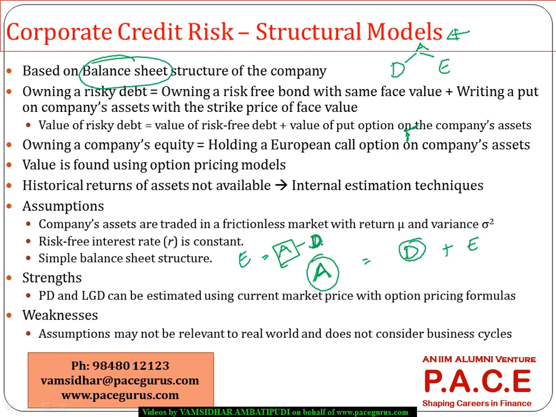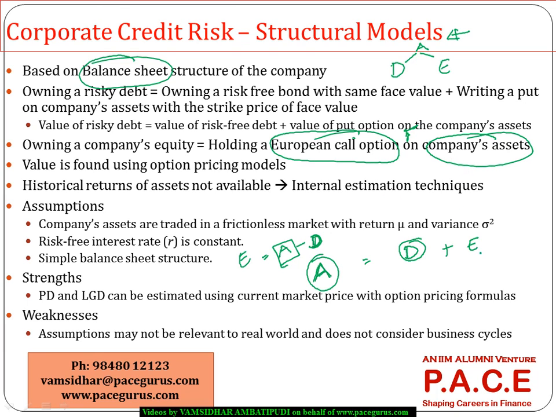If the value of the assets is going up, the equity investor will receive more and more. But if the value of the assets is going down, the equity investor will receive nothing. Probably this is resembling more and more of a call option. This is resembling more and more of a European call option on the company's assets.